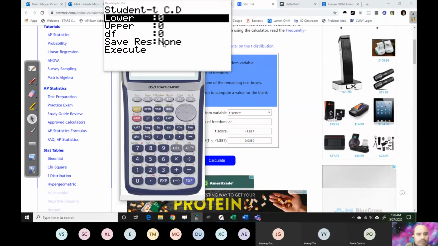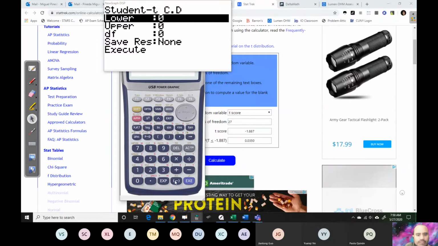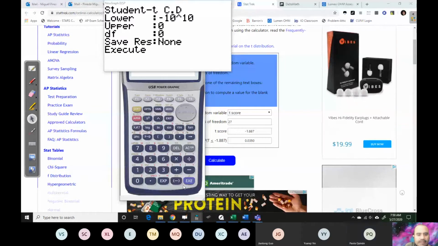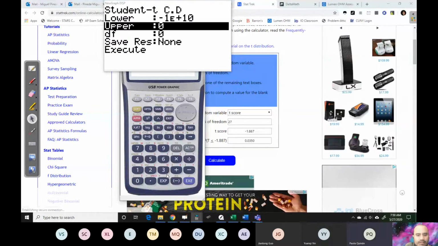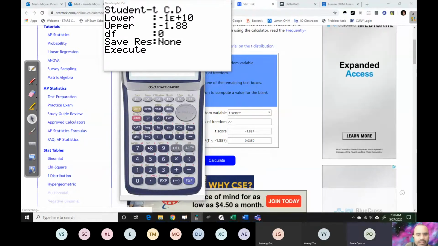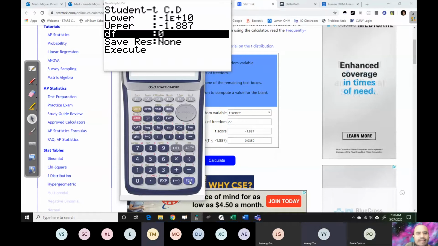So that's what we want. The lower was negative 10 to the power of 10. That's the left side. Now, the upper was negative 1.887. Are we okay with that? Now, DF is the degree of freedom, which is 27.